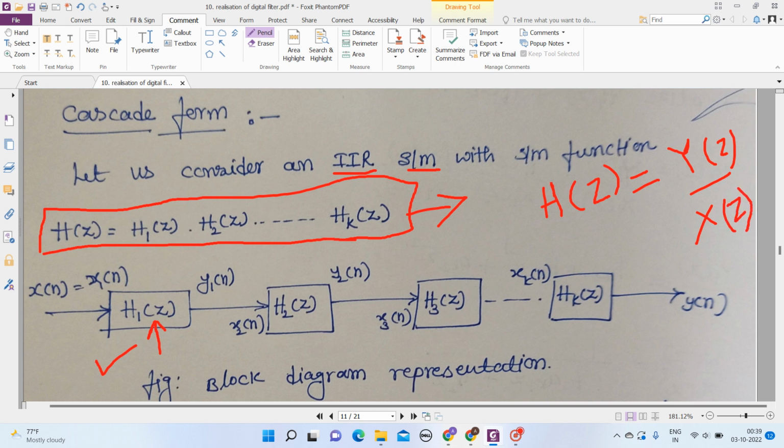Here we are drawing the structure for each transfer function or system, H1(z), H2(z) up to Hk(z).